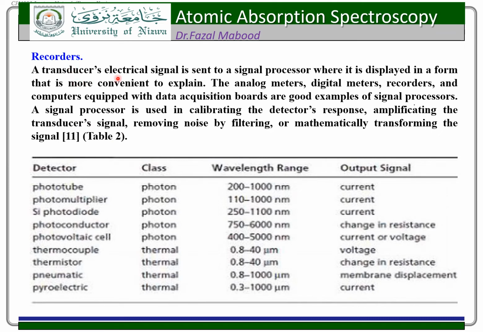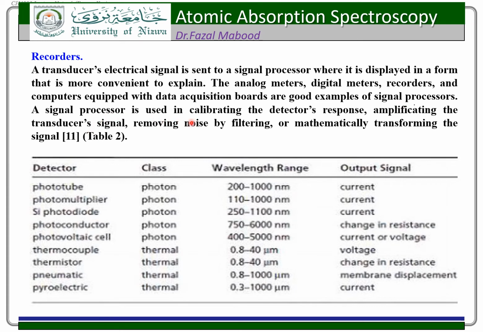Recorder. A transducer's electrical signal is sent to a signal processor where it is displayed in a form that is more convenient to interpret. The analog meter, digital meter, recorder, and computer equipped with data acquisition boards are good examples of signal processors.